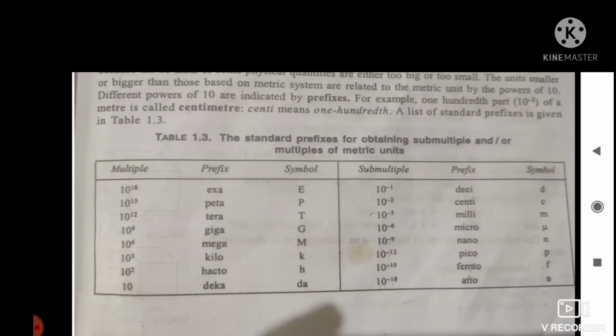For example, the 100th part, that is 10 raised to minus 2 of a meter, is called a centimeter. Centi means 100th.